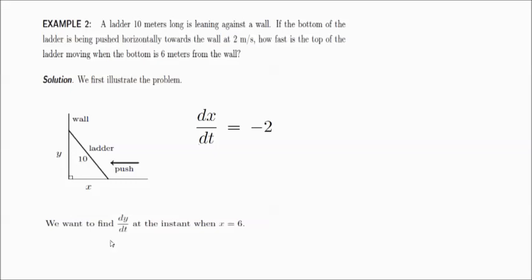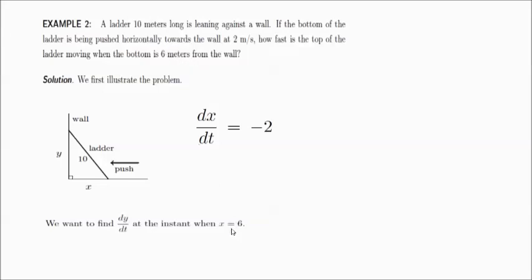Okay? Then, anong hinanap dito? How fast is the top of the ladder moving? So, yung dy/dt, class, ang hinanap natin. Kasi, tinatanong is, how fast is the top of the ladder? So, kung pinupush ito, tumataas to, di ba? So, gaano kabilis daw yan? Ngayon, yung instant natin is, kapag yung bottom is 6 meters from the wall.